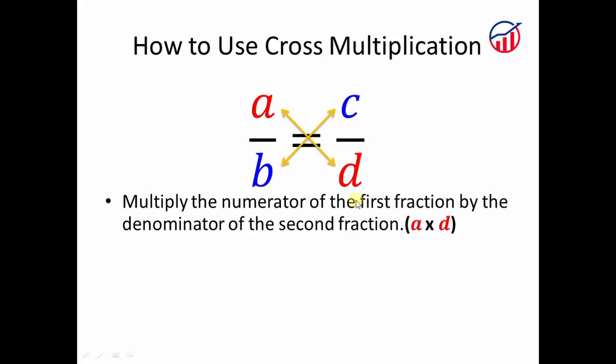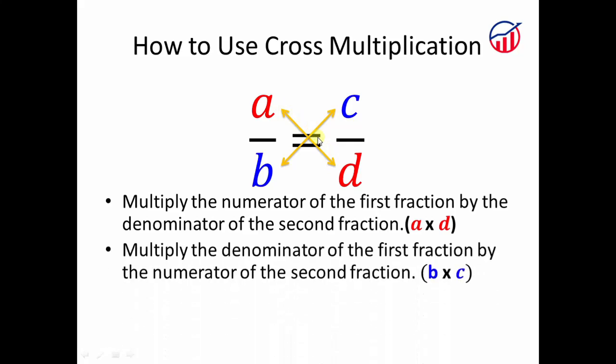What do you mean over here? You can see both are red over here. You multiply the numerator of the first fraction, so this is the fraction a upon b, by the denominator of the second fraction. So what you're going to get? A multiplied by d. That's why I've chosen the color red, for easy identification.